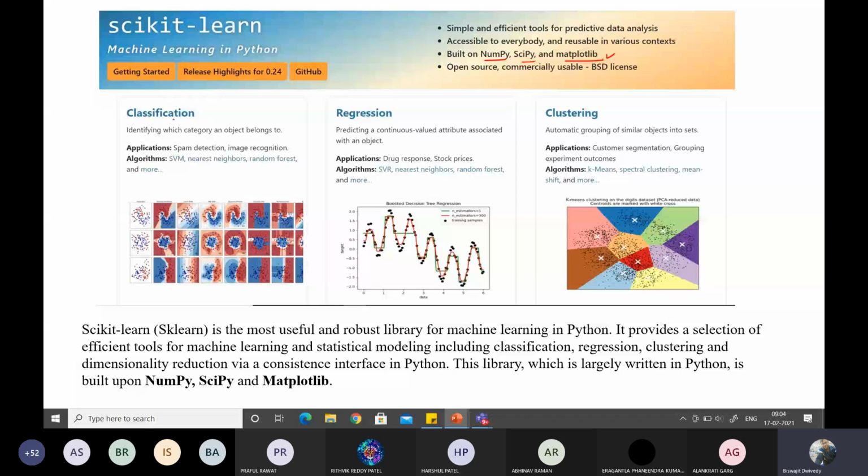This library can be used for classification problems, regression problems, as well as clustering problems. For clustering, we will be using logistic regression or different other algorithms. So for all these types of analysis or prediction, it's better to use the scikit-learn library.